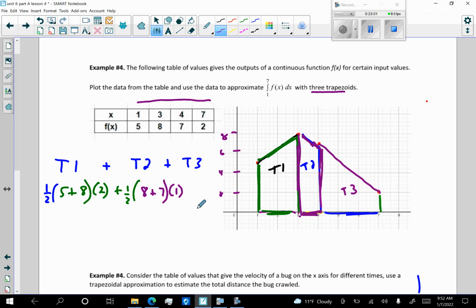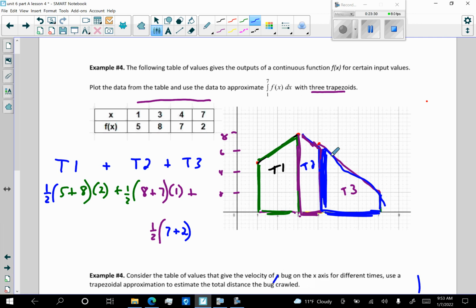And we still have to add to that trapezoid 3. Trapezoid 3 is going to be 1/2 times the bases. Let's just go blue. There's your third trapezoid. That's a crappy trapezoid. So what are the bases here? It's the output for 4, which is 7, plus the output for 7, which is 2.